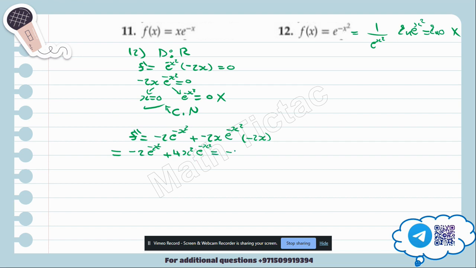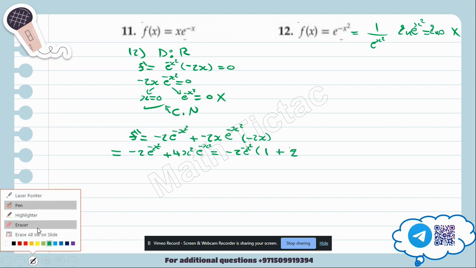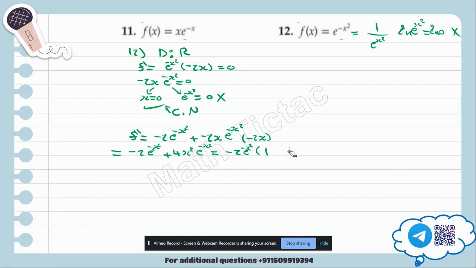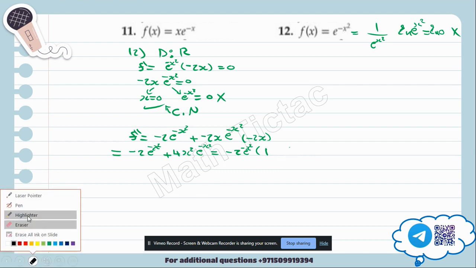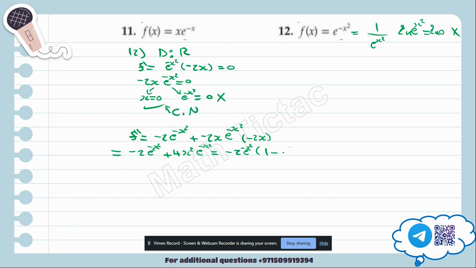So that will give me minus 2 e to the power minus x squared multiplied by 1 from here, sorry, in here it's not a plus, it's minus, because we took minus 2. So in here 2, and after that we have x squared only.